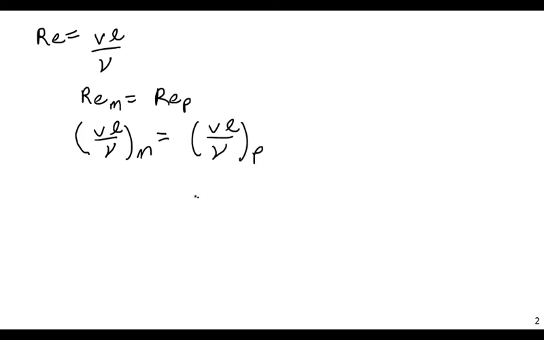And this will then reduce to, if I solve for Vm, Vm is equal to nu m Vp Lp over Lm nu p.